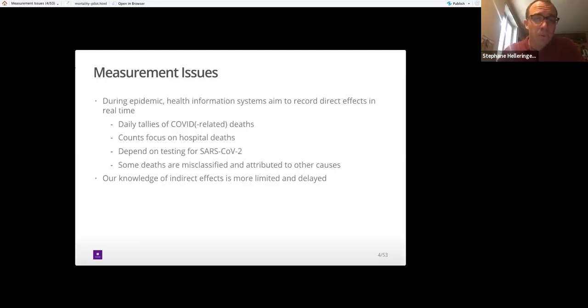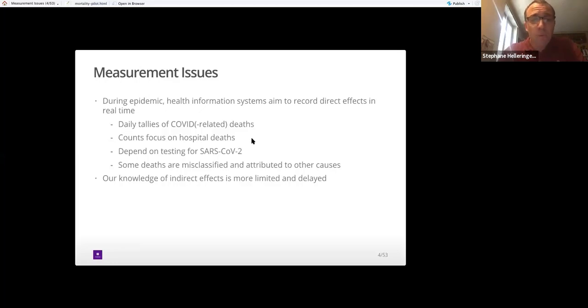One thing that's important to know is that these numbers that are reported on a daily basis usually focus on deaths that occur in hospitals, so in a very specific setting, and they depend on testing for the virus that causes COVID-19. So they're classified as COVID-related deaths if there is a preceding positive test for the virus.